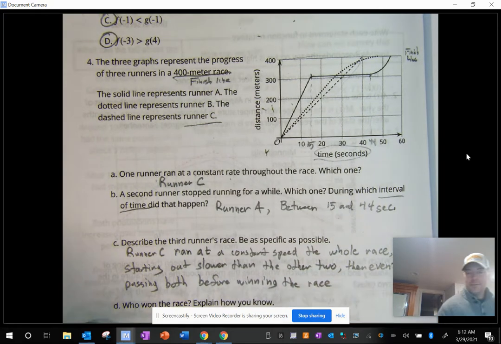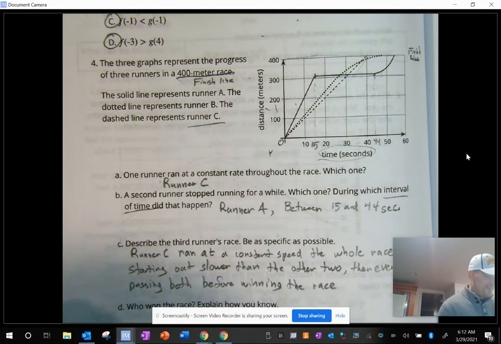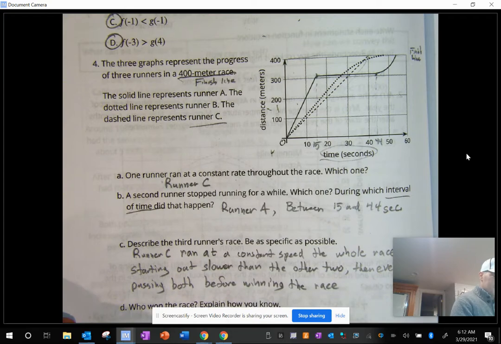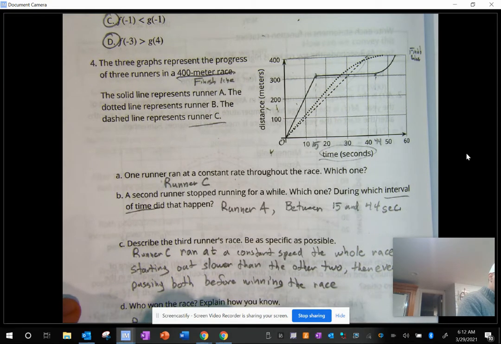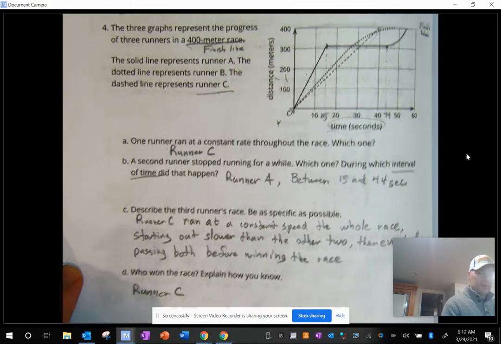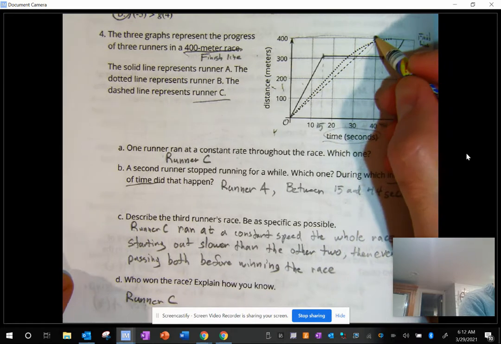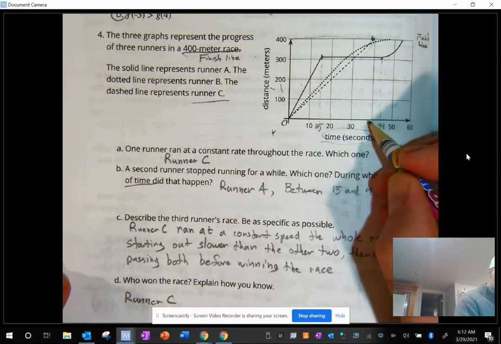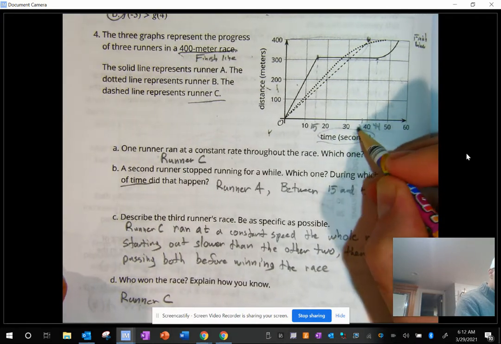It's important to note that too, that they won, right? Oh, here it is right here. Who won the race? Runner C. How do we know it was runner C? Because if you look at the graph, they got here in about 39 seconds.